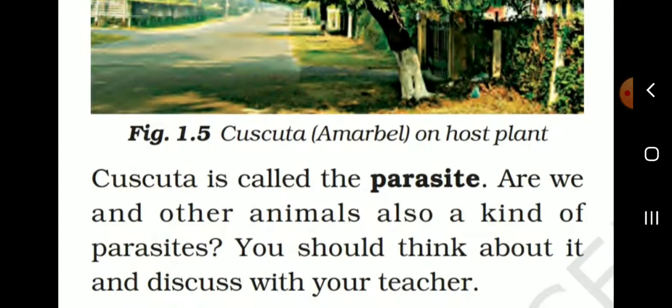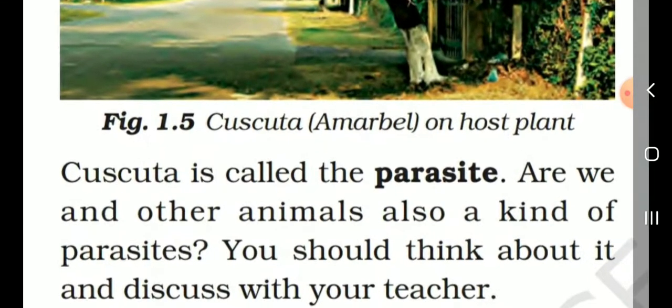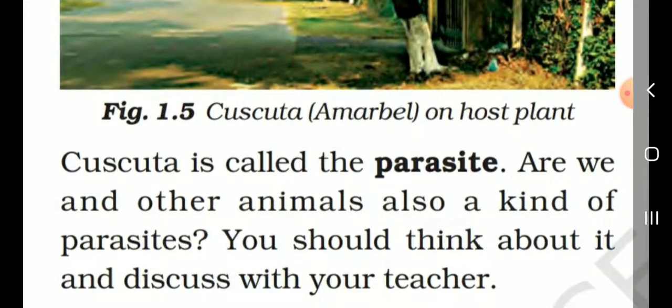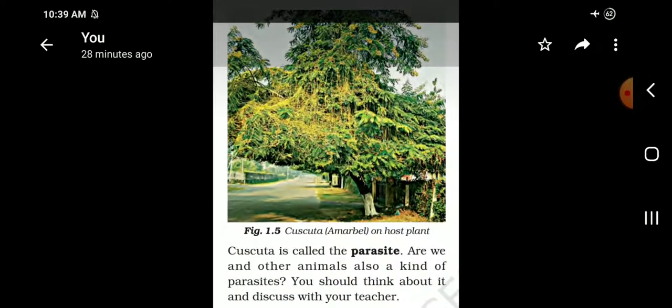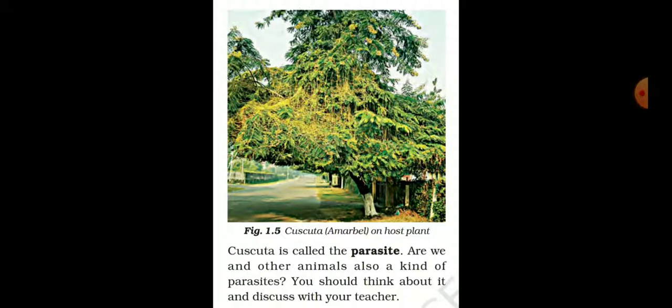Because it depends upon another plant. Okay, we and other animals are also kinds of parasites. This is a parasitic plant, Cuscuta.